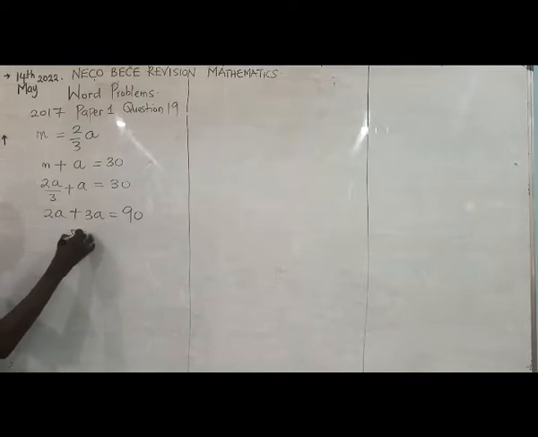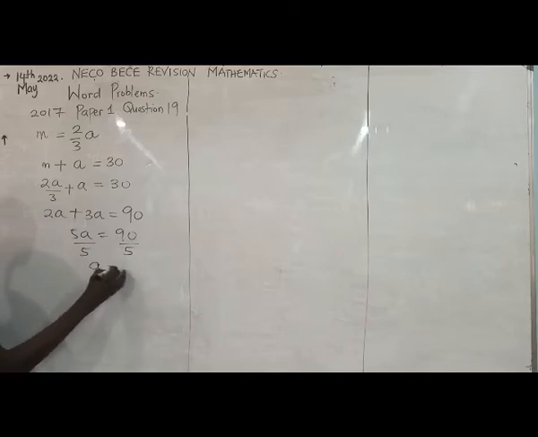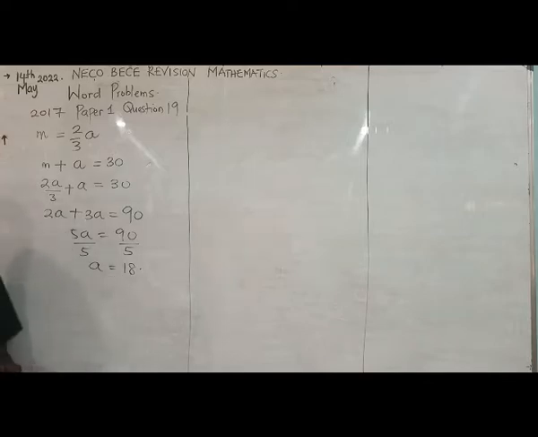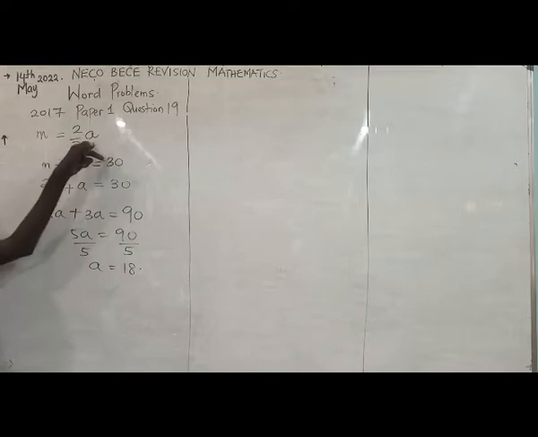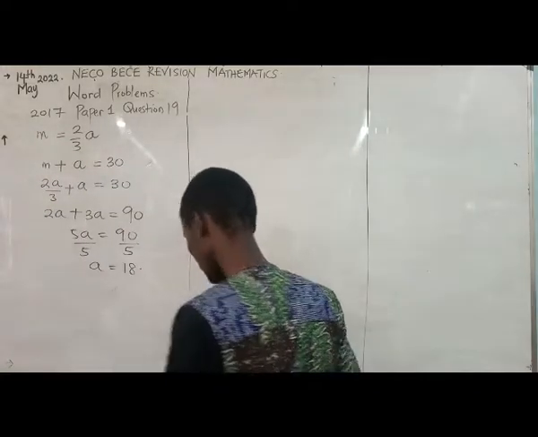And that will give me 5A equal to 90. I divide both sides by 5, and obviously my answer becomes 18. So in that setup, Abu's age becomes 18. When I come to certain problems, I will emphasize certain things, but for now, let me keep it this way. There are questions that will require us to apply our knowledge of change of subject of formula, and we have a responsibility to do that. So that's for question 19.